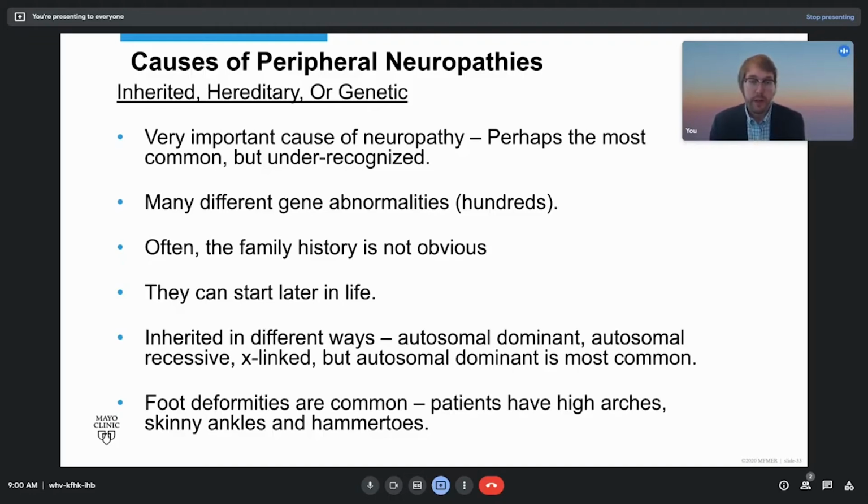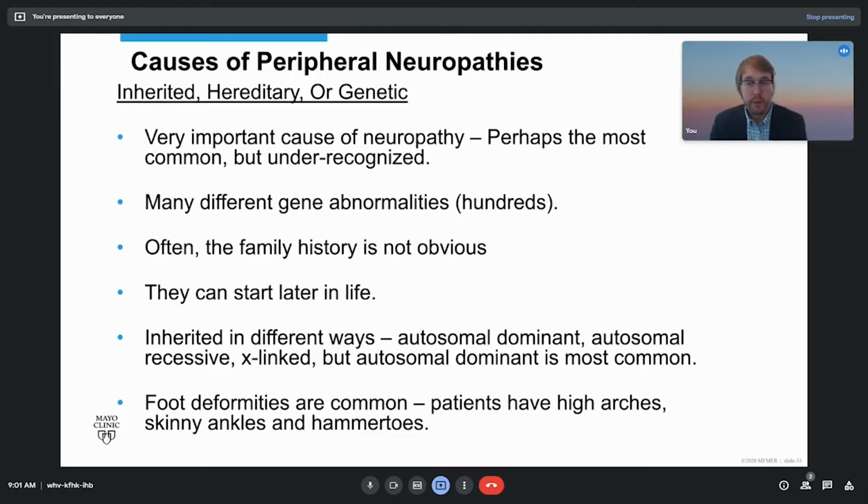And so nobody knows in their family that they had a neuropathy. But then one of their descendants, their children, might develop a different form of neuropathy, or more severe form, or more noticeable form. And so they start to have symptoms of neuropathy but don't recognize that their parents may have had them all along. And they can start later in life.